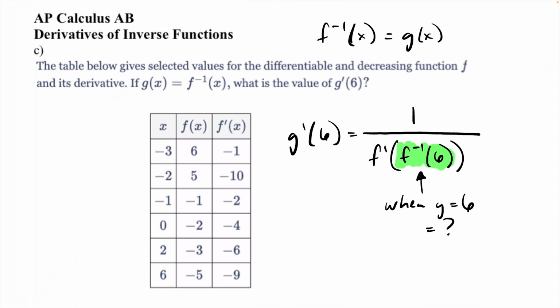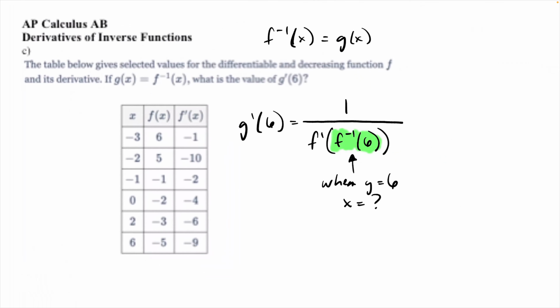It's just asking the opposite question of a question you've asked yourself many, many times, because it's an inverse, right? f of 6 means, okay, x is 6, what is y? f inverse of 6 means when y is 6, what is x? Okay, so let's answer it.